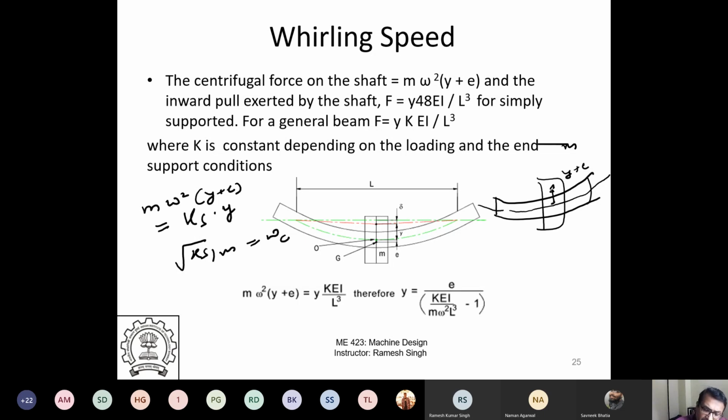So omega c square is equal to ks over m. So if I do this, I'll get m omega square, sorry, let me just take m out, (y plus e) is equal to ks over m times y.